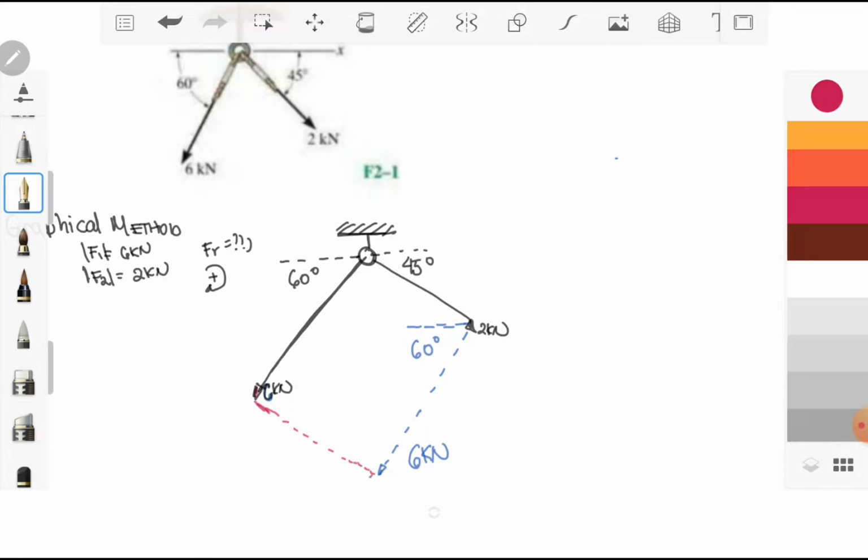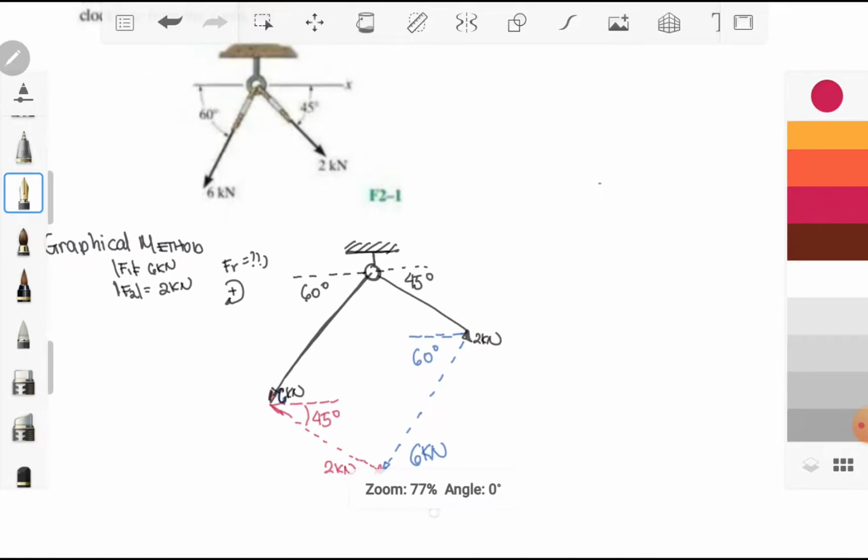This is your 2 kilonewton. Never alter the angle of your 2 kilonewton, wherein the angle is 45 degrees below the x-axis. Okay, this is your 45 degrees.